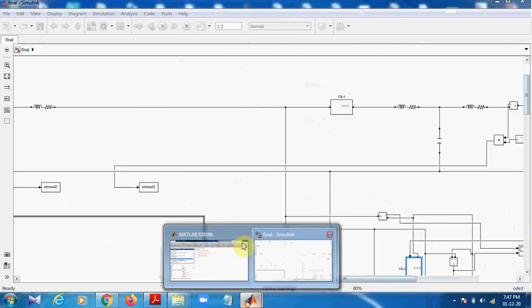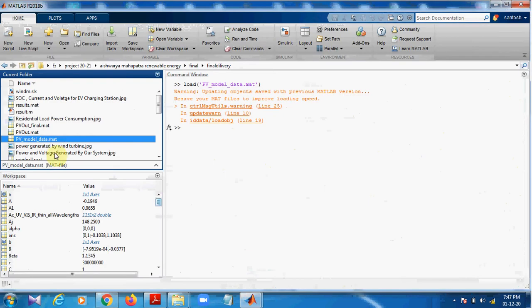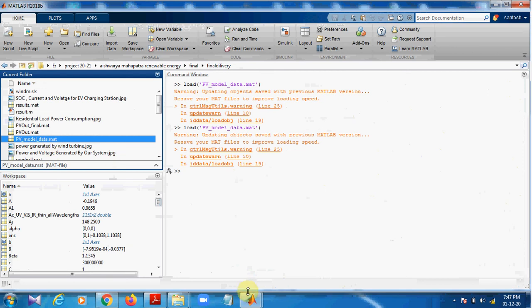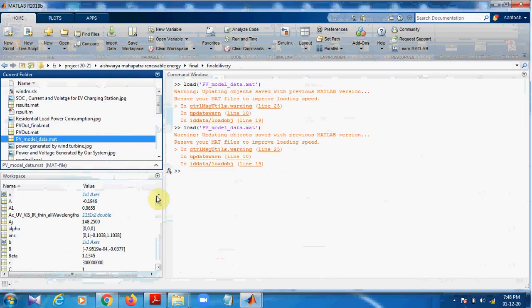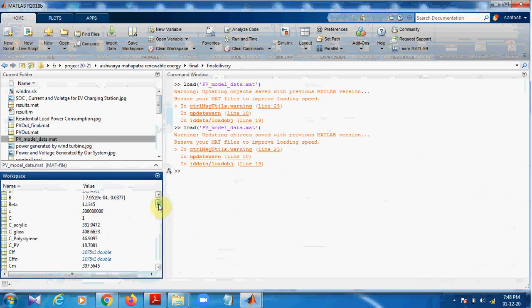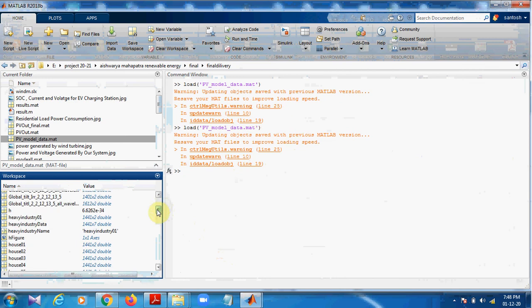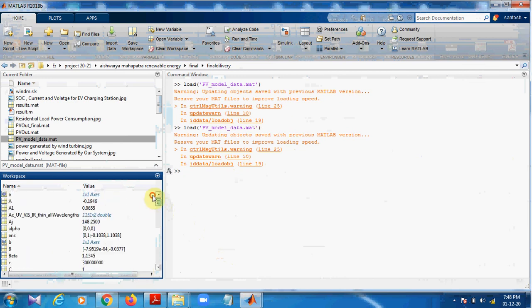Initially, before starting the system, we have to load some simulation properties over here. So we'll load the PV model characteristics here. These PV model characteristics are given as an input to the system. This PV model data has various characteristics like alpha, beta, different values. There are lots of values which are given.